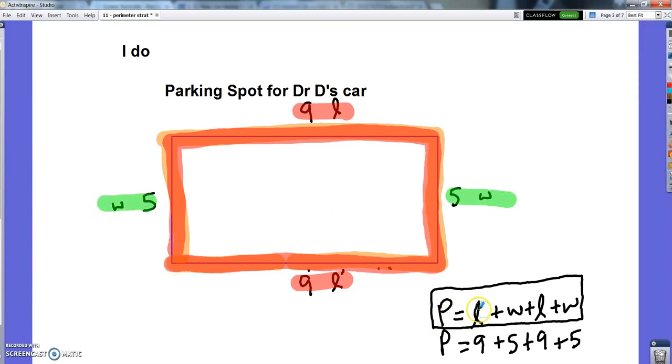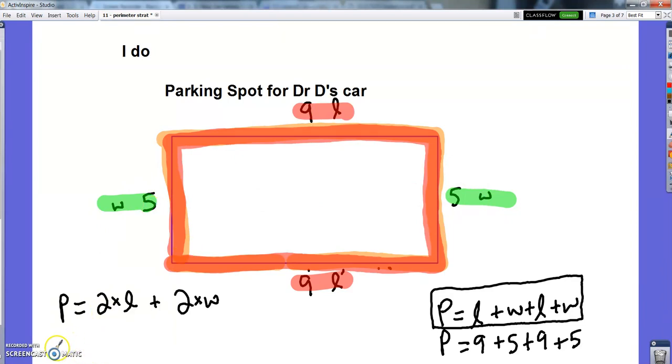A lot of times, instead of doing length plus width plus length plus width, people will use the formula like this. They'll say, well, since these are the same, I'm going to do 2 times the length, because there's 2 lengths, and then I'm going to add to it 2 times the width. So I'm going to multiply this by 2, and then I'm going to multiply this by 2 and add them up.